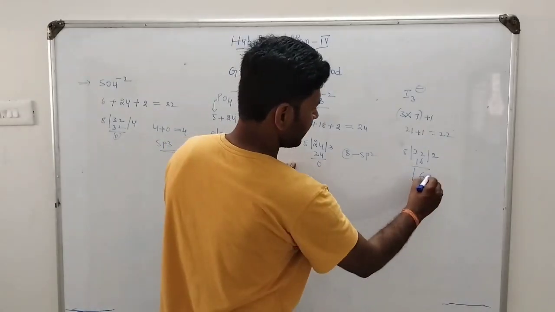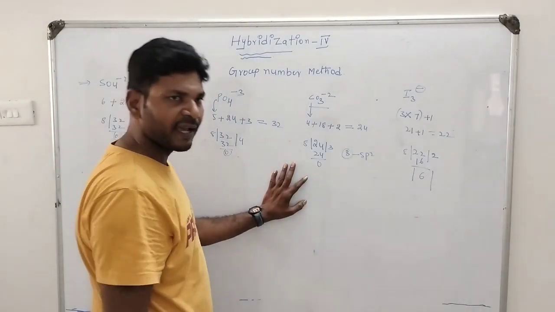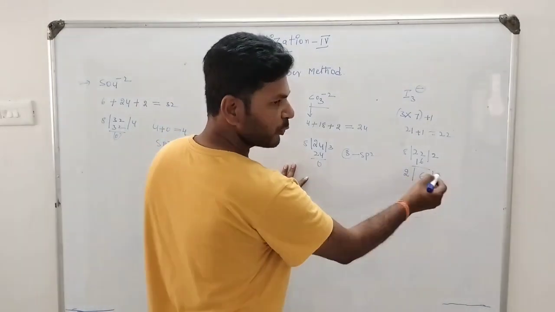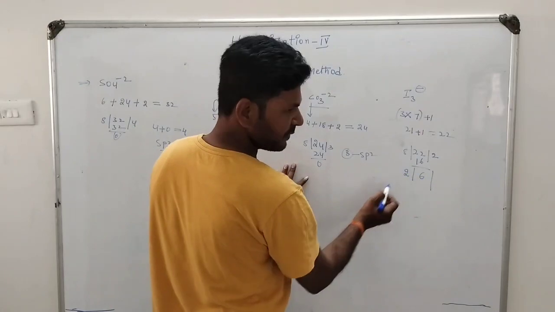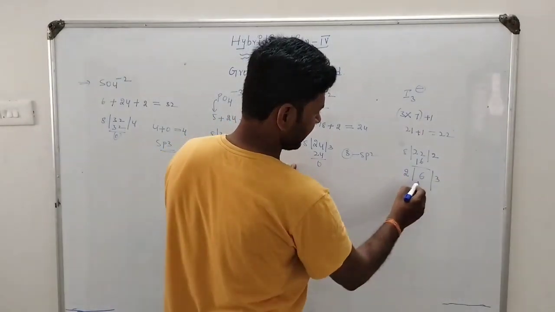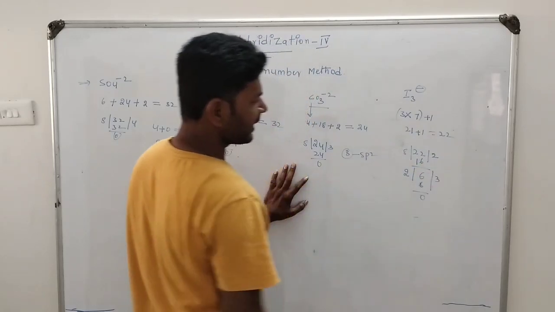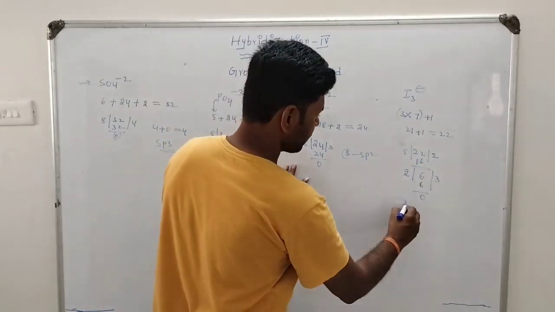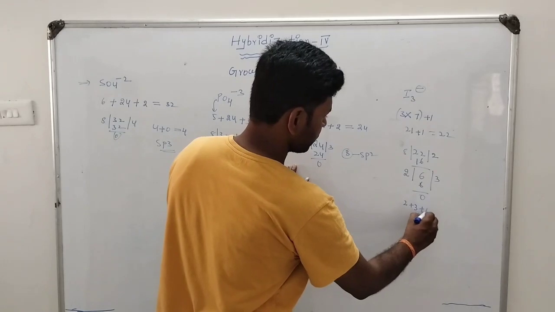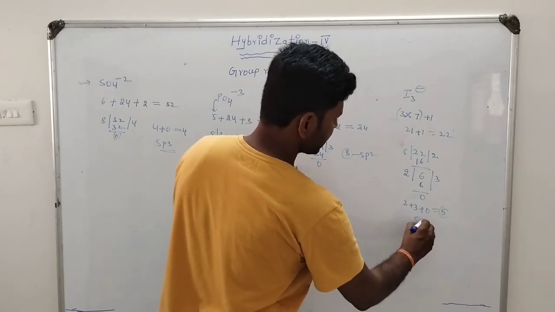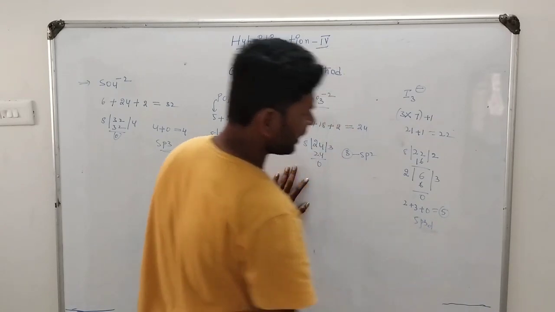Now the remainder should be greater than 1, so again we will divide with 2. If it is between 2 to 8, divide with 2. So here 3 times, remainder 0. 2 plus 3 plus 0, 5. 5 means sp3d hybridization.